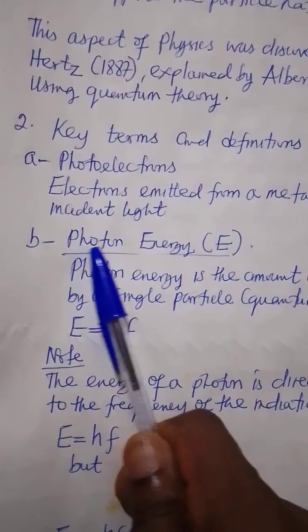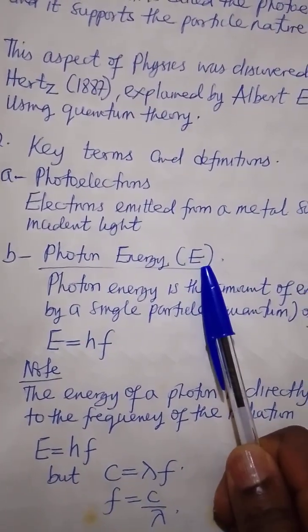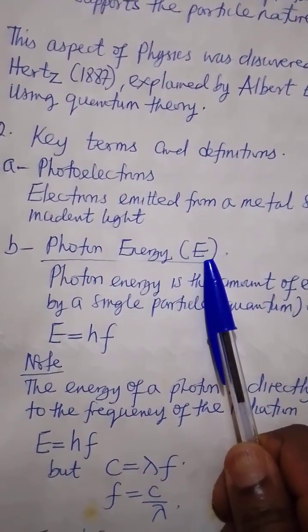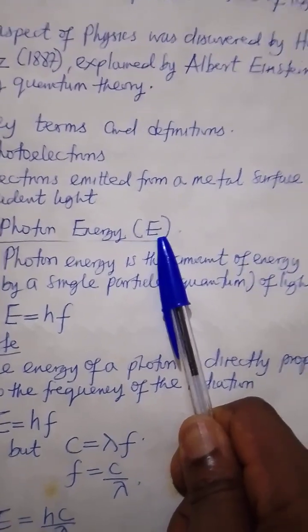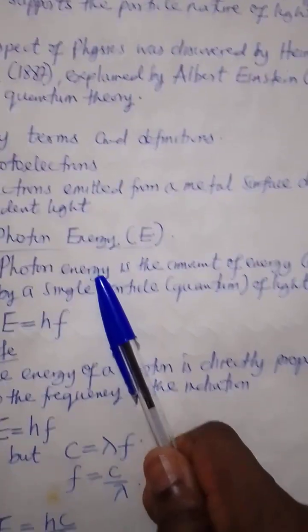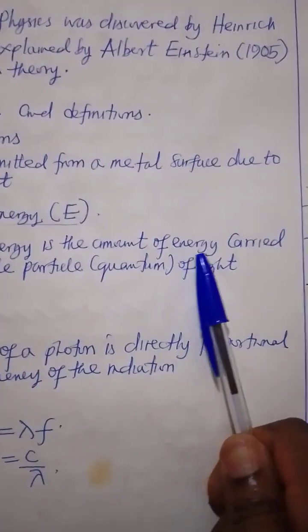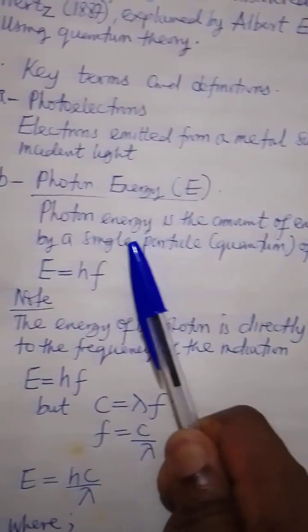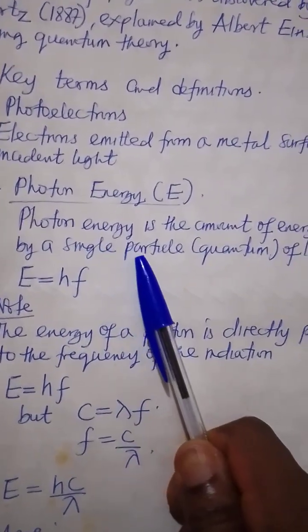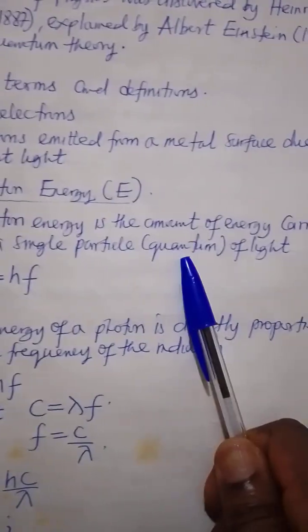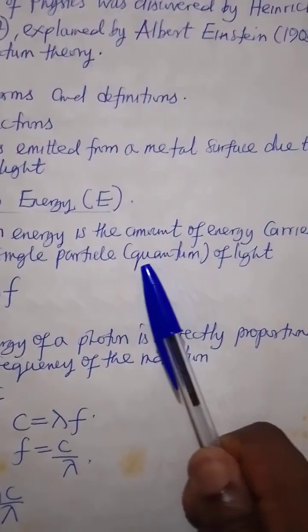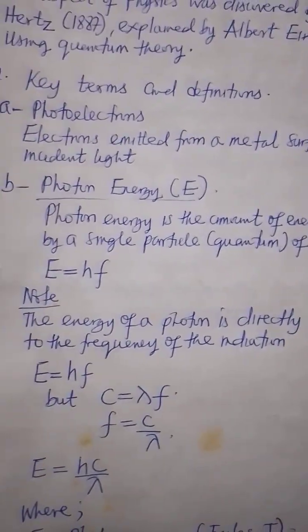The second term here is photon energy, and the symbol for photon energy, I want you to take note of that, is capital letter E. Photon energy is the amount of energy carried by a single particle, that is quantum of light or quantum of electromagnetic radiation.